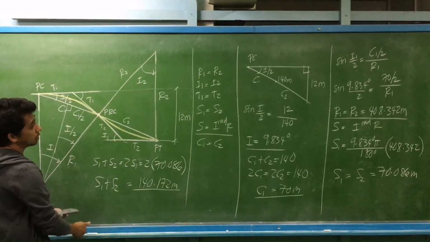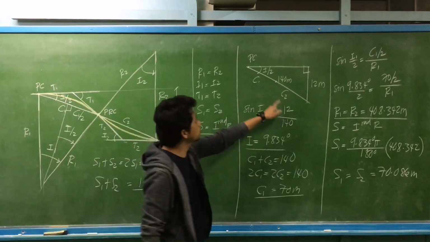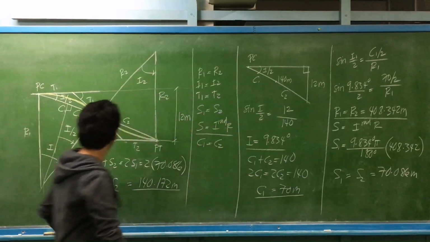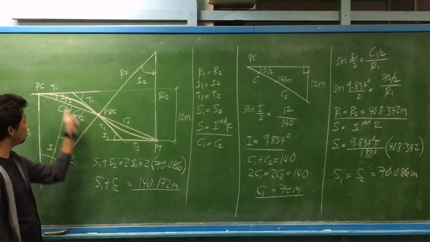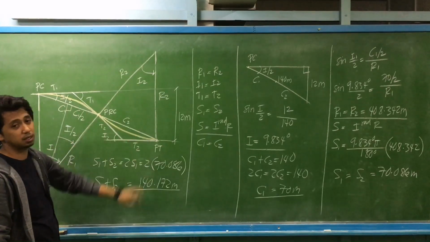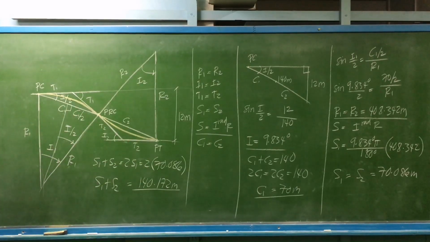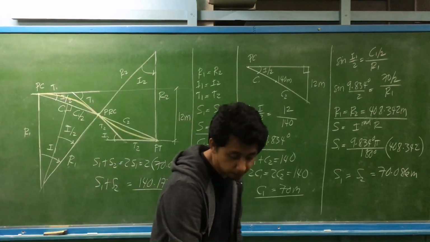So only a little was added: our chord C1 plus C2 is 140, and the arc length is 140.172. So it is almost a straight line. Okay? So that is our example for a reverse curve. So the choice is letter D.